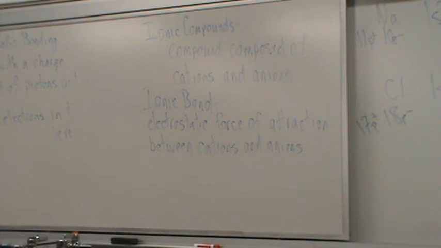So with an ionic compound, we're always going to have positively charged ions combined with negatively charged.